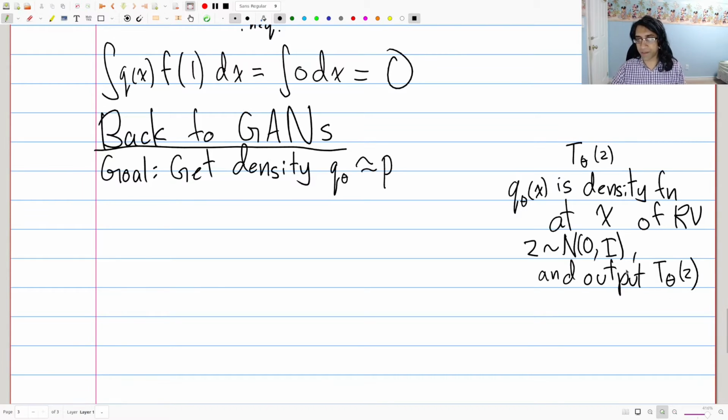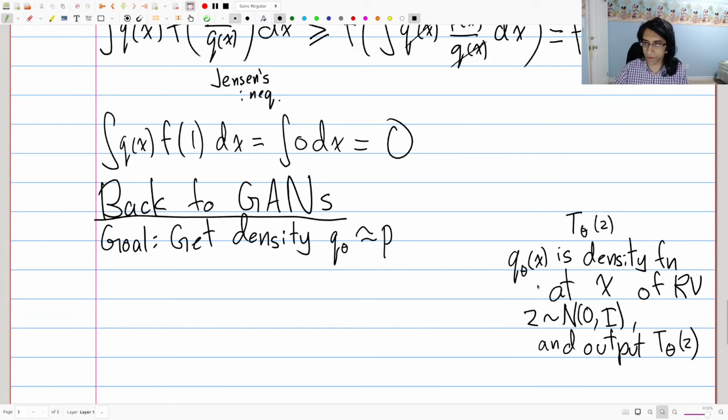This might be getting a bit too precise, but I just wanted to make sure there's no confusion. This is really the density of the outputs when you draw something from the latent space and then push it through this generator neural network.